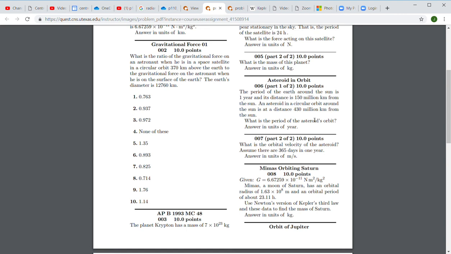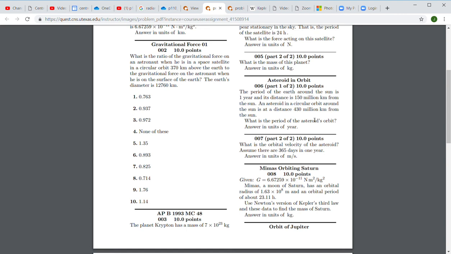Here we could reason this through using Newton's second law for a circular orbit, but it's perhaps simpler to use Kepler's third law, which says that the ratio of the square of the period divided by the cube of the radius of a circular orbit is equal to the same constant for all things that orbit that same sun, or whatever they're all orbiting.